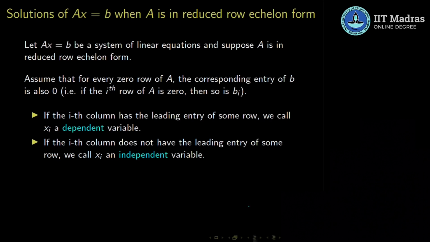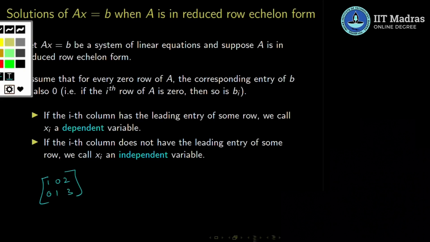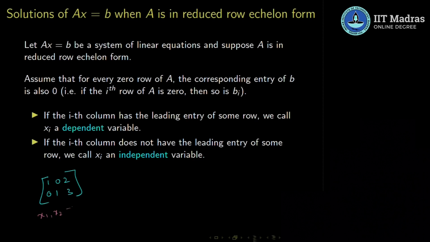In the second example, let us write that down. In the first, we had 1 0 2 and 0 1 3. So here x1 and x2 are dependent and x3 is independent.